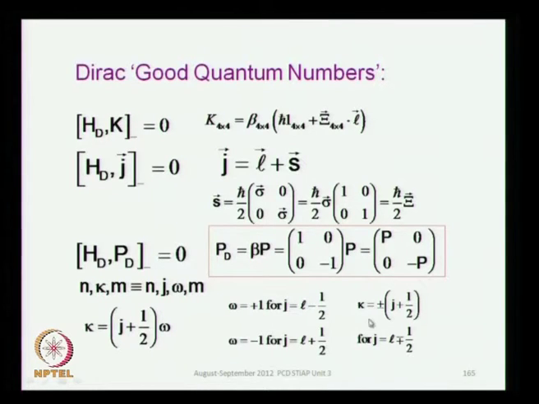This is what gives kappa equal to plus or minus j plus half when j is equal to L minus or plus half. Okay? This is what takes care of it. And omega, as you will find, has got information about the parity. So, kappa has got information both about j and omega, because it is given by j plus half times omega. Okay?